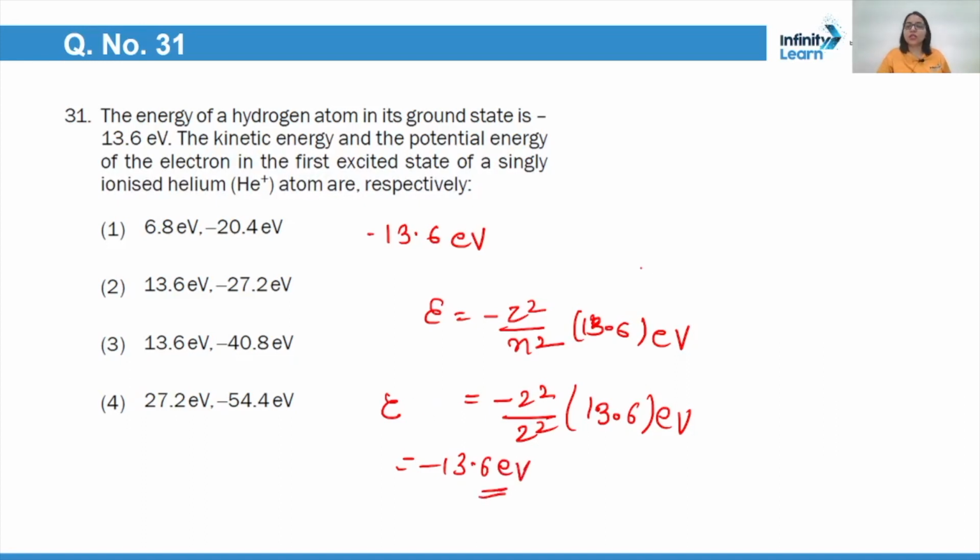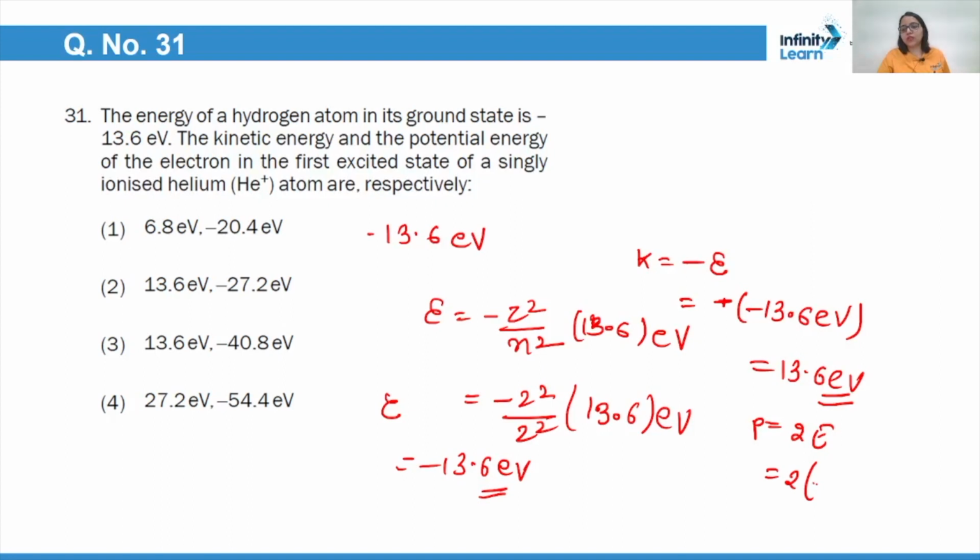This is total energy. Kinetic energy is minus of total energy, so it is 13.6 electron volt. And potential energy is 2 times total energy, so this is 2 into minus 13.6 electron volt, which is minus 27.2 electron volt. So the correct answer is option 2.